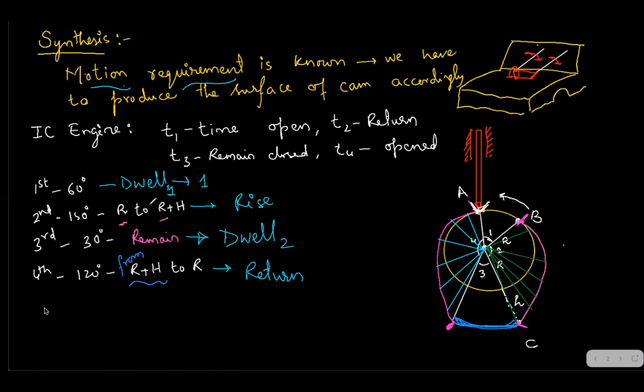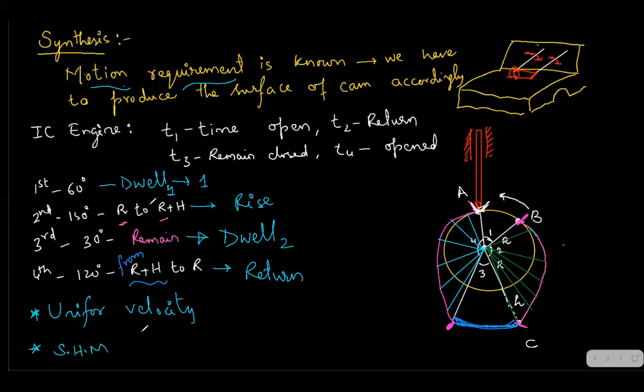For now, I will name some types of motion. One is uniform velocity. It means the follower has to rise with uniform velocity. From here to here, the curve should be such that uniform velocity is imposed, and the return is also uniform velocity. So rise and return will be uniform velocity. Then you even have simple harmonic motion.